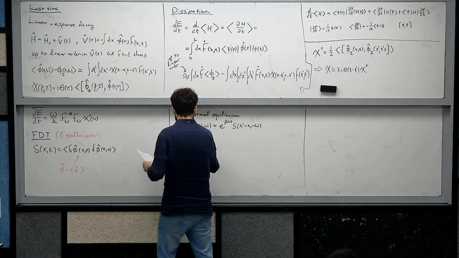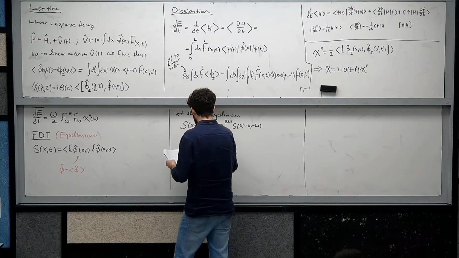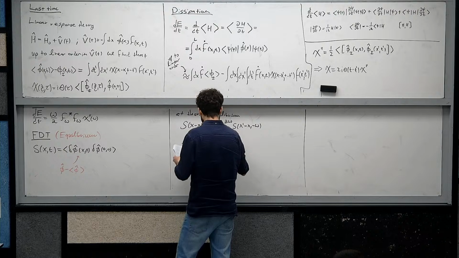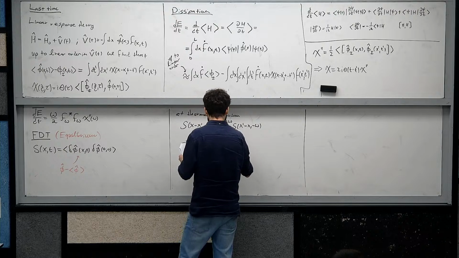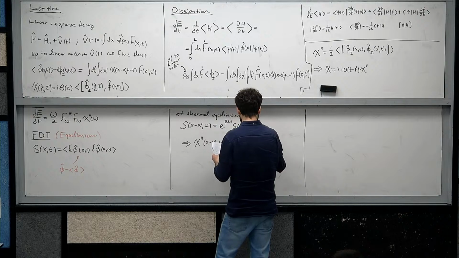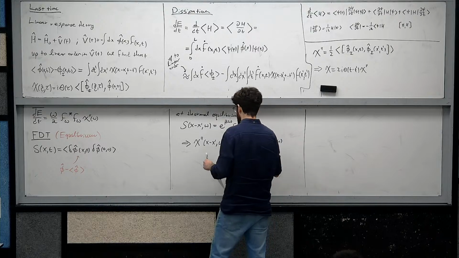And this implied that we can get chi double prime of x minus x prime and omega by 1/2 (1 minus e to the minus beta omega) S of x minus x prime and omega.